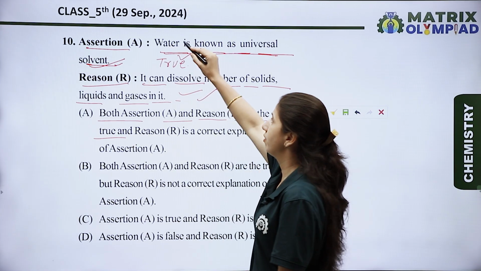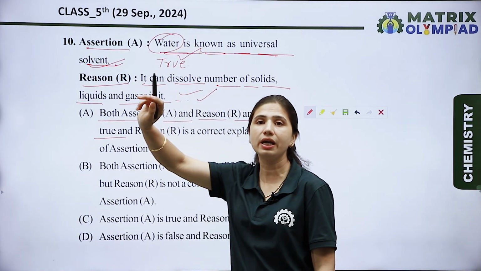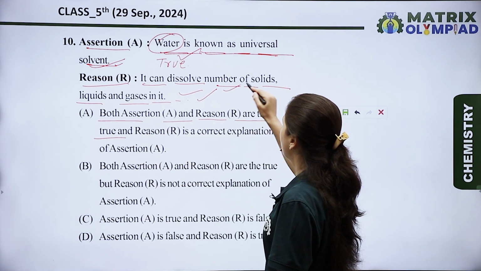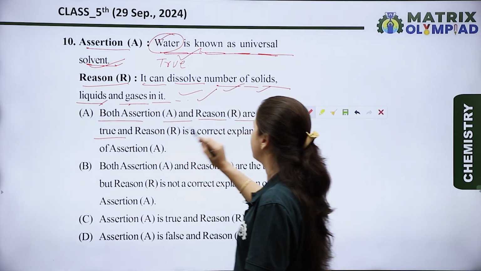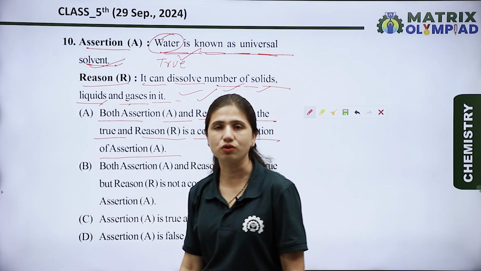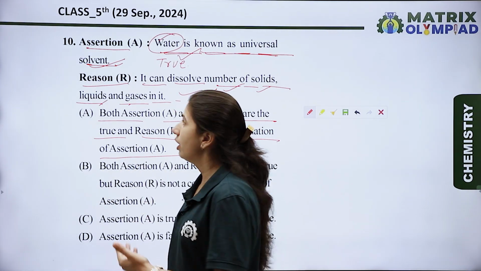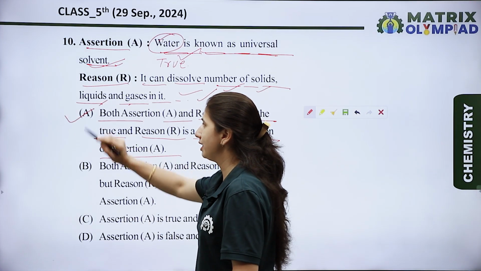Both assertion and reason are true. Water is a universal solvent and it can easily dissolve a number of solids, liquids and gases, and the reason is a correct explanation of the assertion. So option A is the right option.